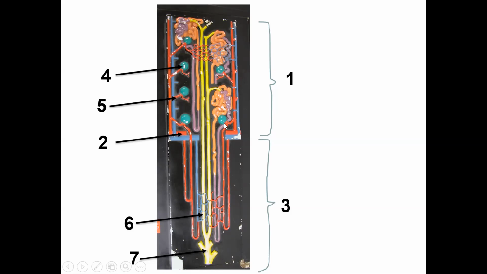Then this purple tubular structure close to the arterioles has to be the distal convoluted tubule. You got that? Number 7 is close to the end of the collecting duct. The collecting duct at the end will be connected to the minor calyx. You got it?